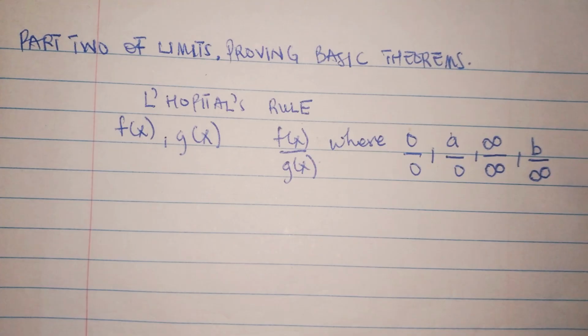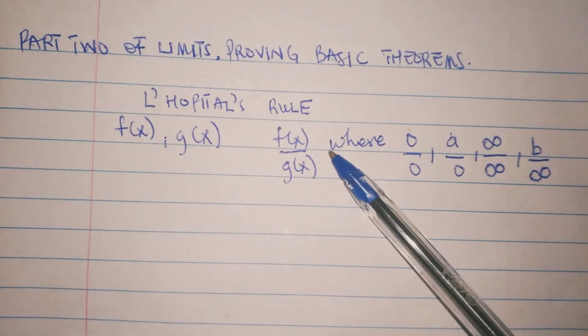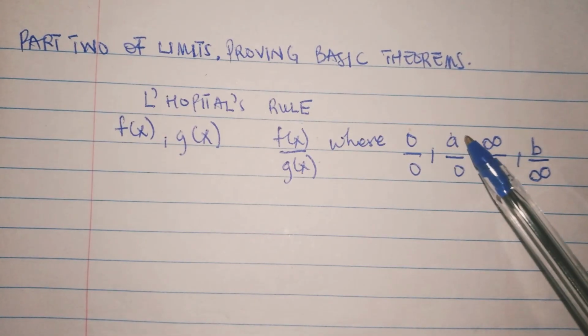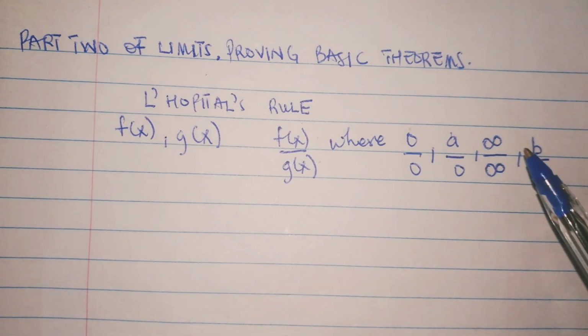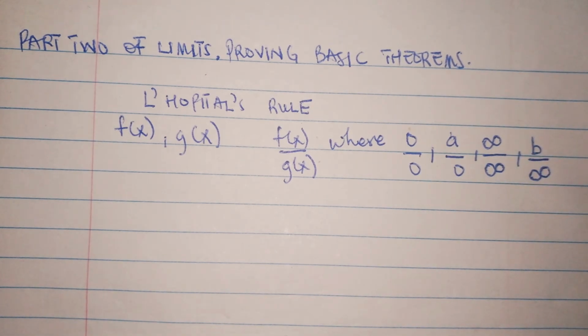These are the basic conditions you're supposed to look at. If f of x divided by g of x is giving us 0 over 0, a over 0, infinity over infinity, or b over infinity, we employ L'Hopital's rule.